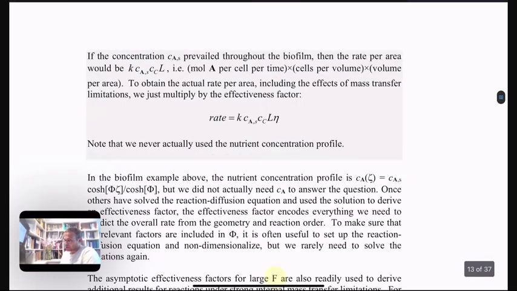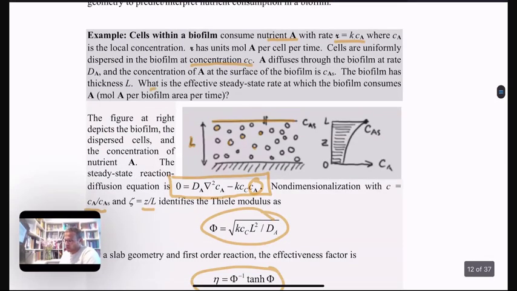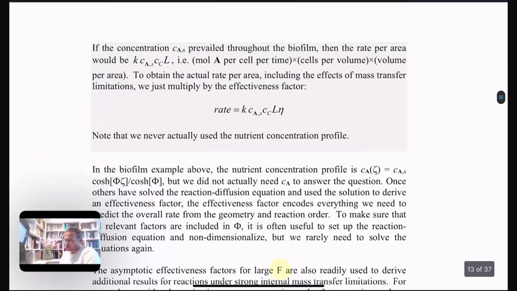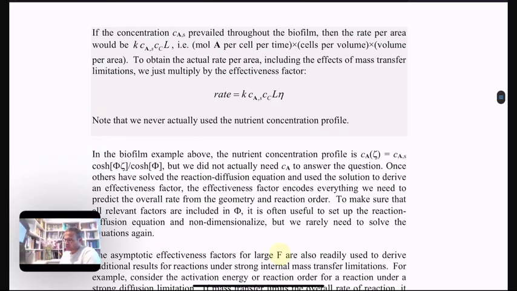And now the question asks, what is the effective steady state rate at which the biofilm consumes species A in moles of A per biofilm area per time? How fast would species A be consumed if the entire region in the biofilm was at the surface concentration of the biofilm?